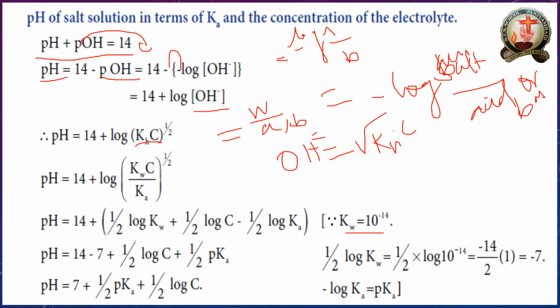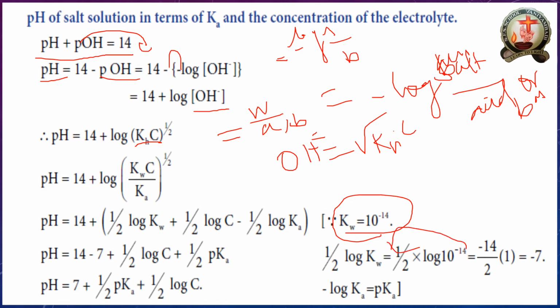This is a formula I can already derive from the pH calculation. The water dissociation constant Kw is equal to 10 to the power of minus 14 at 25 degrees centigrade. So I am substituting the log of Kw value here. What happened?